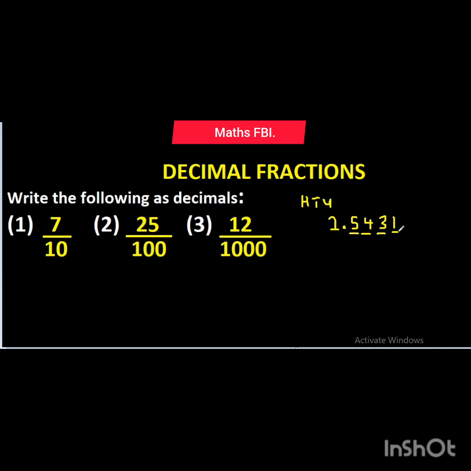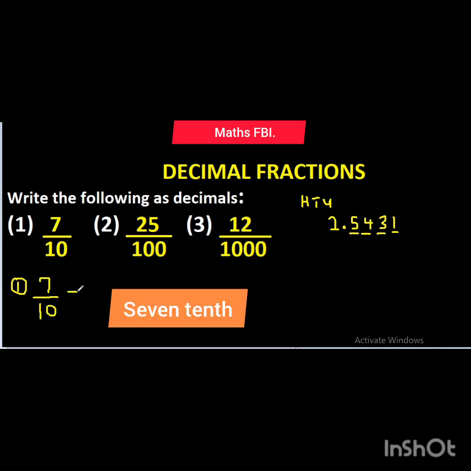as we continue counting. So let's relate that, the place value of decimals, the knowledge is going to help us to find these answers very easily. Question number one says 7 over 10. That is 7/10.